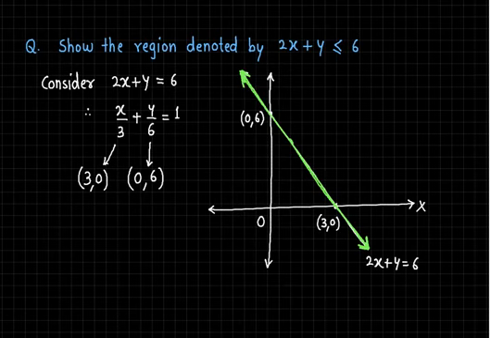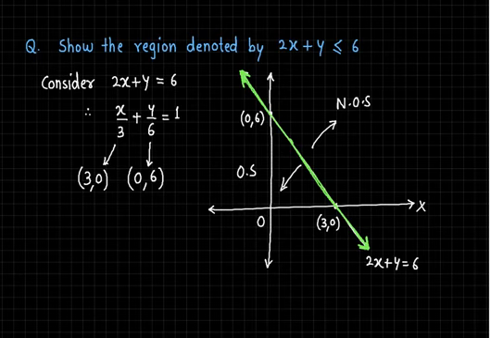Now the remaining part is to show where the less than region lies. For that we do a simple test. You see, this line has divided the plane into two parts: one towards the origin side and the other away from the origin side. We typically call these the origin side and the non-origin side, because using words like above, below, left or right might be ambiguous in some cases, whenever the line is a slant line like this.